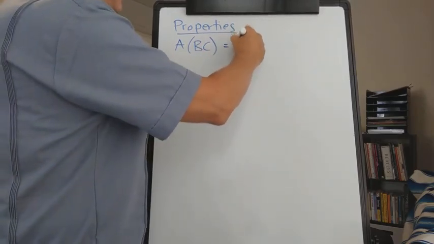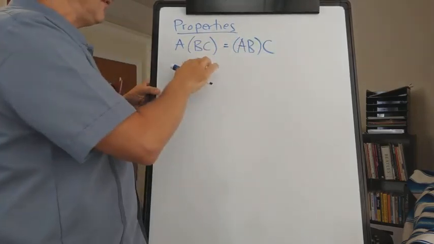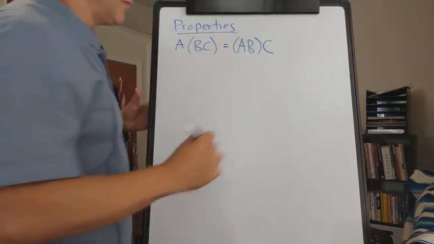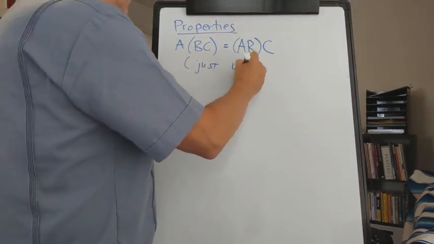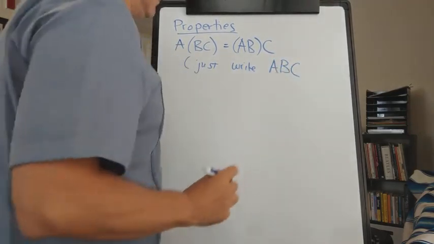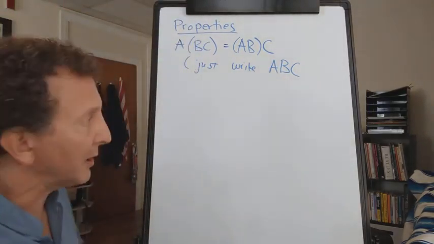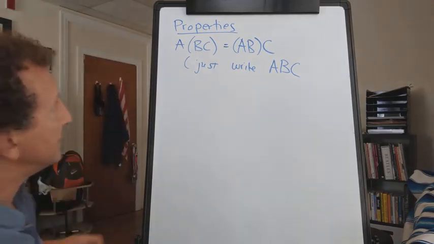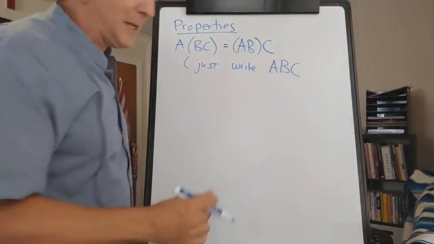If that's the case, then if we multiply B and C first and then A later, or A and B first and C later, we get the same thing. So because of that, we can just write ABC. It doesn't matter whether you think of it as multiplying A and B first or multiplying B and C first, because you get the same answer anyway. That's called associativity, if you want to give it a fancy name.